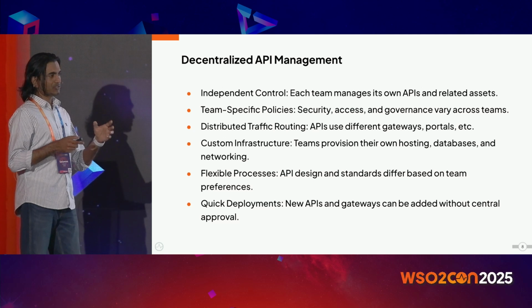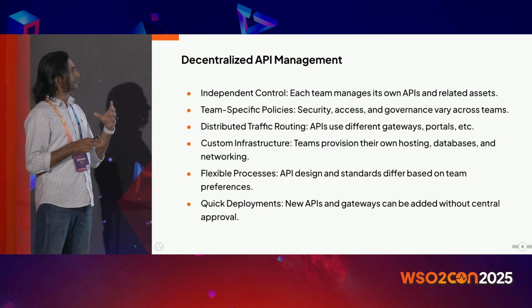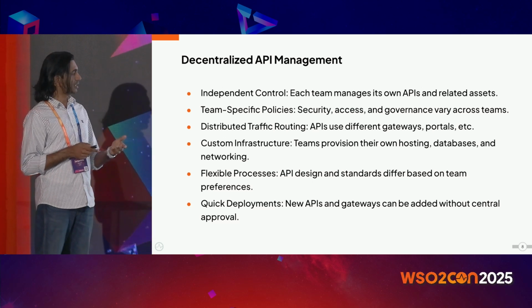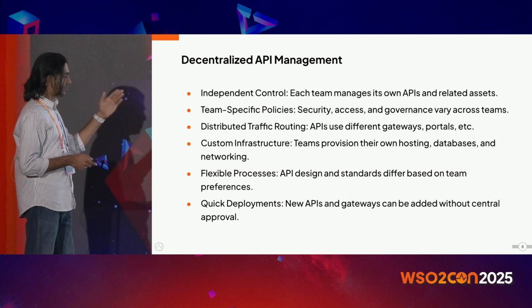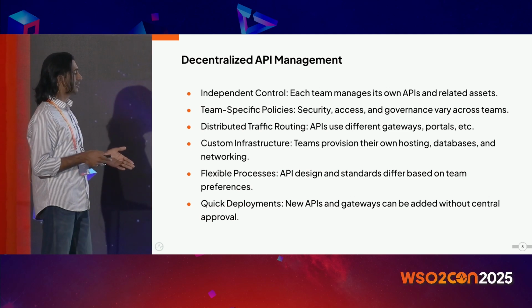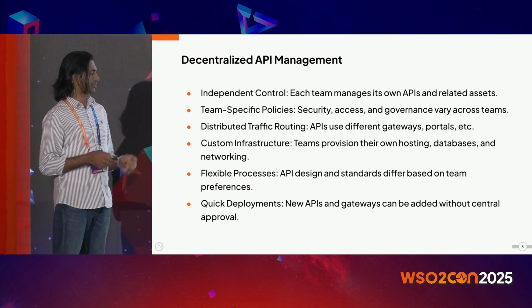If you take a central IT team and centralized API management, most of the time you need central approval. There will always be one gateway, and that gateway is shared among different business units. Now with this approach, you can deploy your gateways and your APIs, and you have complete control. So it somewhat makes things fast.